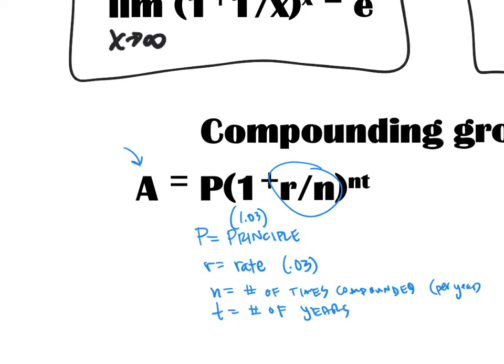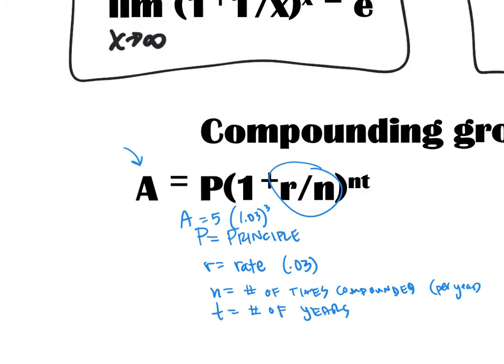Let's say we had $5,000. I could write that as 5,000 to the, let's say n was 1, and after 3 years, I wanted to know the amount of money that I had. So if I had $5,000 growing at 3% annually, n equals 1, for 3 years, I would have a certain amount of money left over.